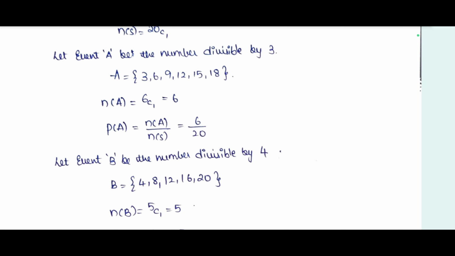The possible cases are 3, 6, 9, 12, 15, 18. How many cases are there? 6. So the probability is 6 divided by 20.